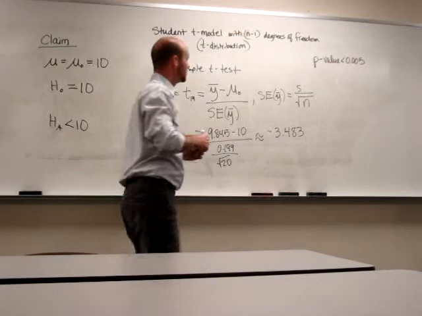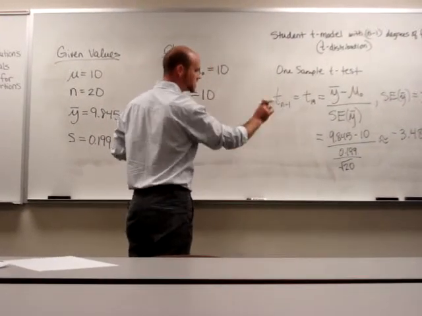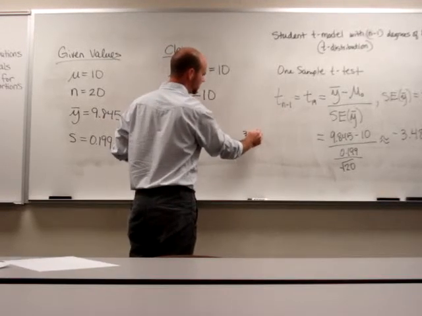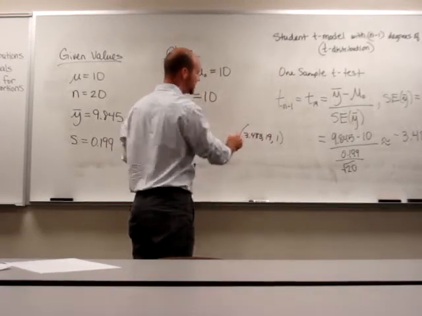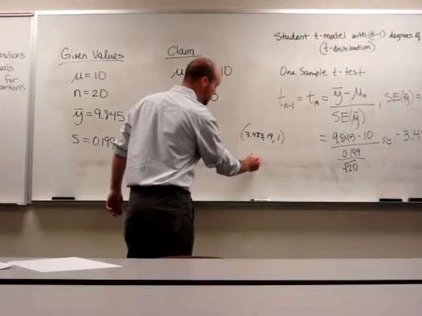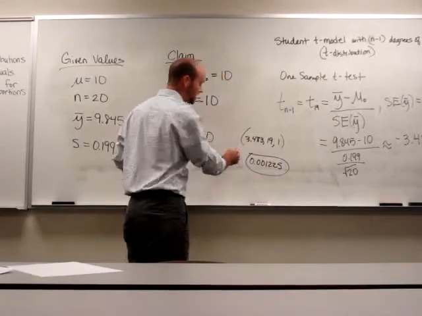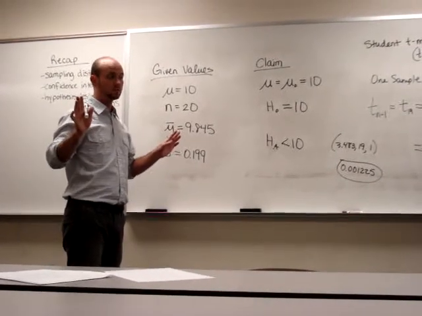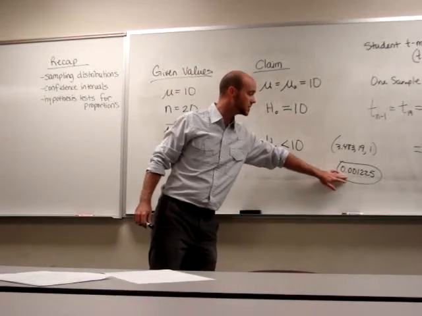And putting our t-statistic of 3.483, and then our degrees of freedom, and then one tail, all into Excel gives an exact p-value of 0.001225.